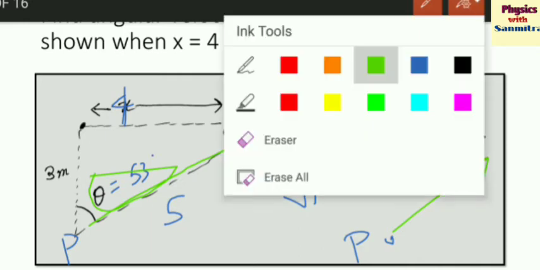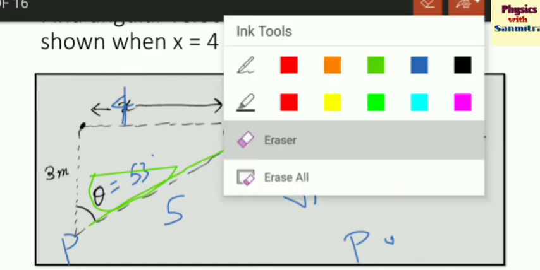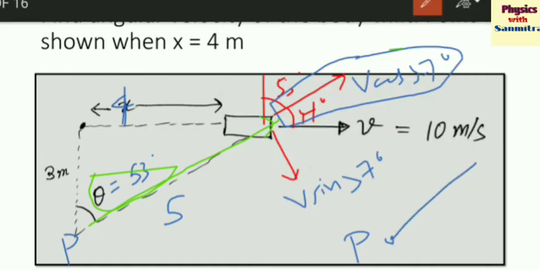But if I am having a velocity which is always perpendicular to this, so definitely it will always try to change the angle like this, again perpendicular, just like circular motion.